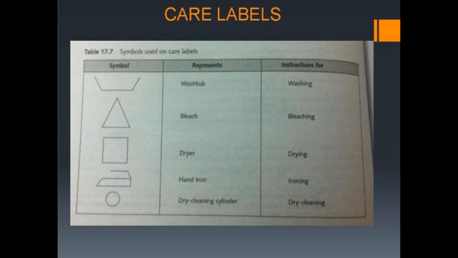The square represents the dryer, which gives you the instruction of drying it properly. The fourth, a table-like structure, shows hand ironing and allows for ironing. A circle in the symbol represents the dry cleaning cylinder, giving you the instruction for dry cleaning that particular fabric.